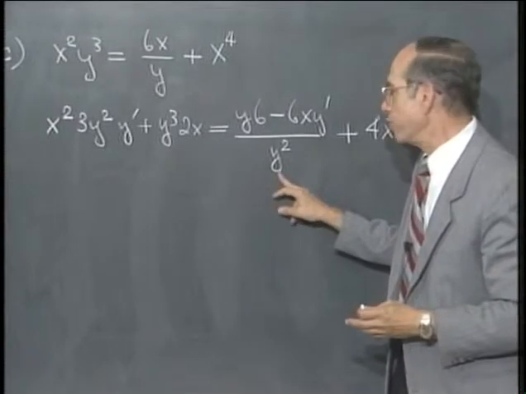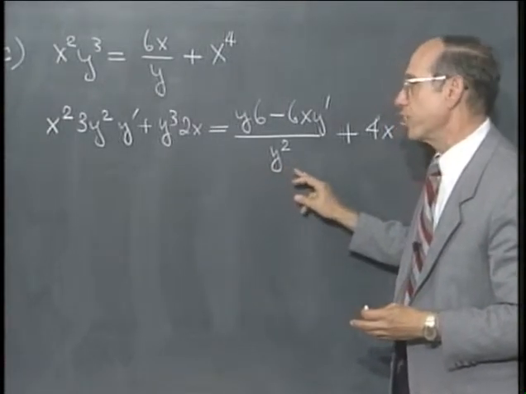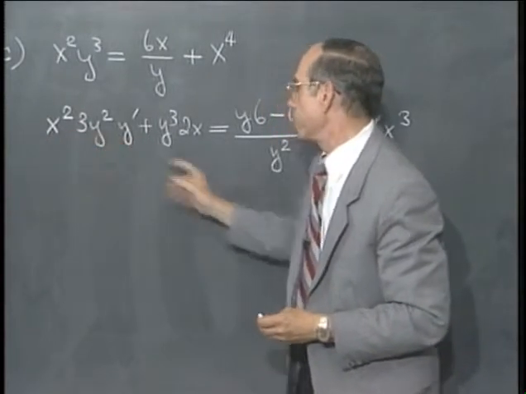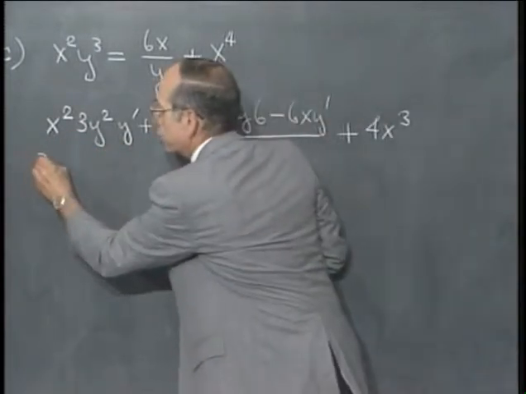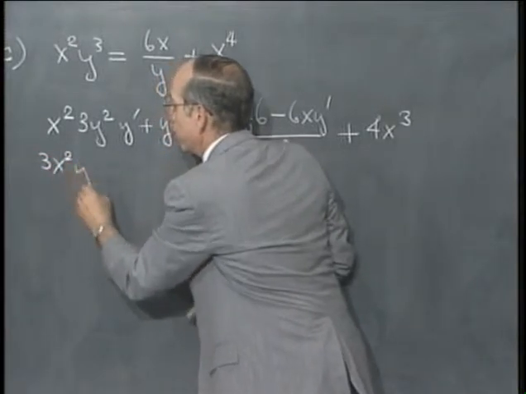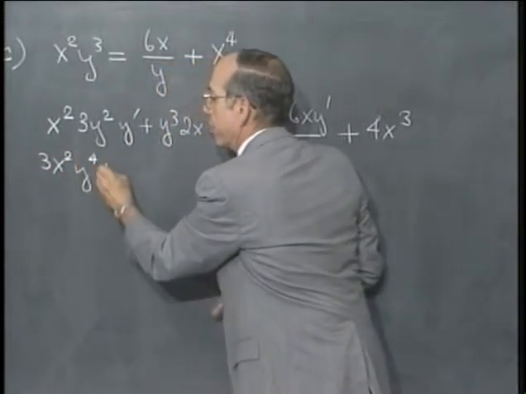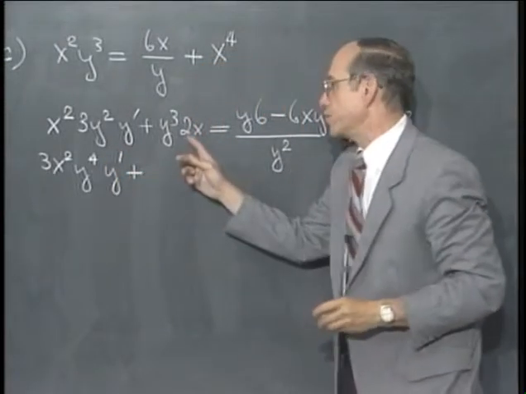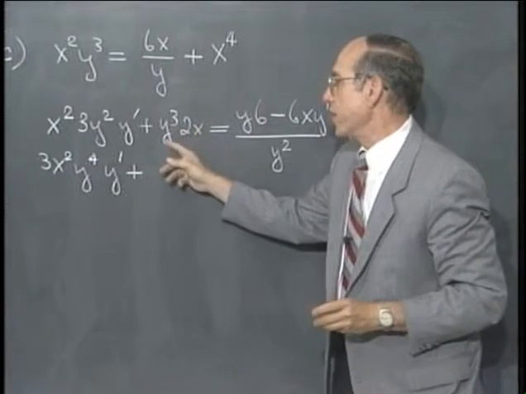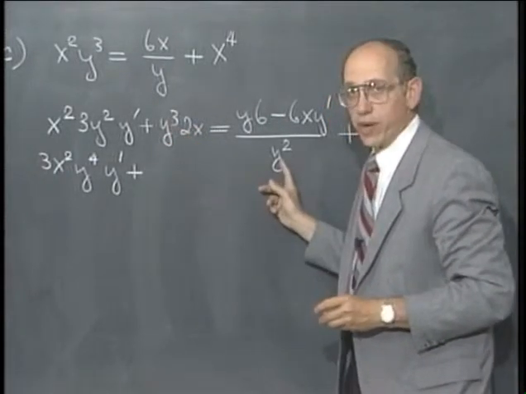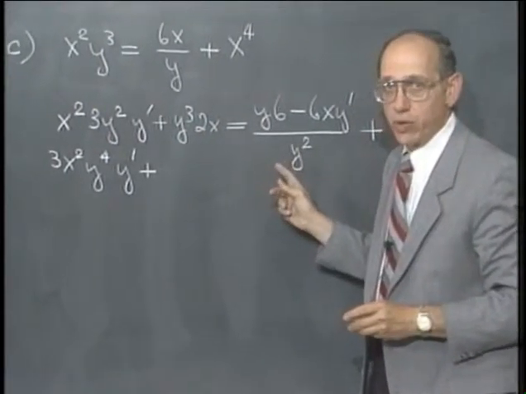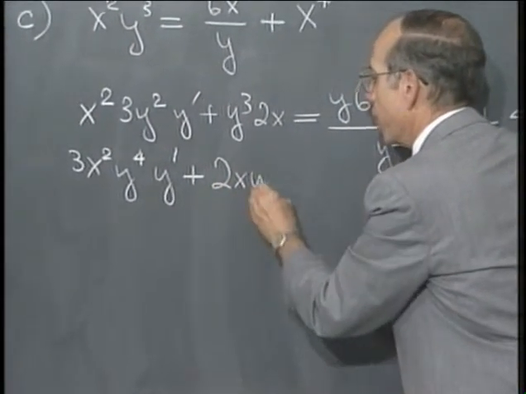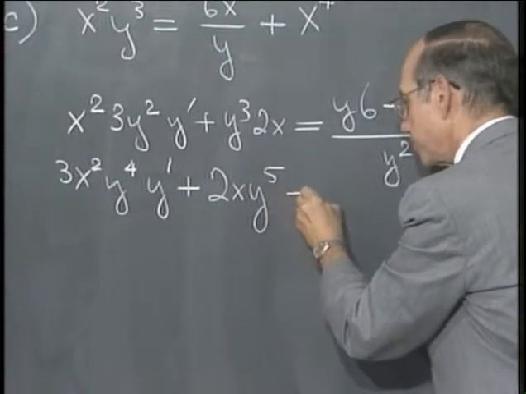So let's try. Multiplying the entire equation by y squared, what do we have? Well, this first term, we have 3x squared y squared. We multiply by y squared, so we get 3x squared y to the fourth, and this is multiplying y prime, plus the next term we have 2x times y cubed. We multiply by y squared. That gives us 2x times y to the fifth power.